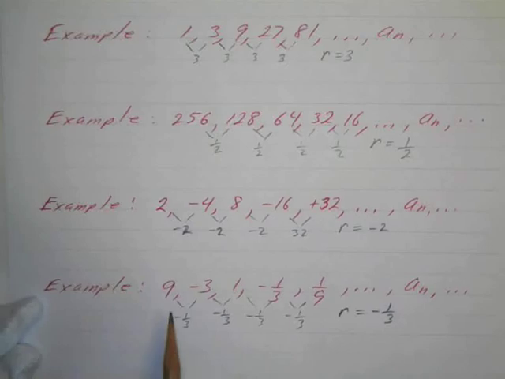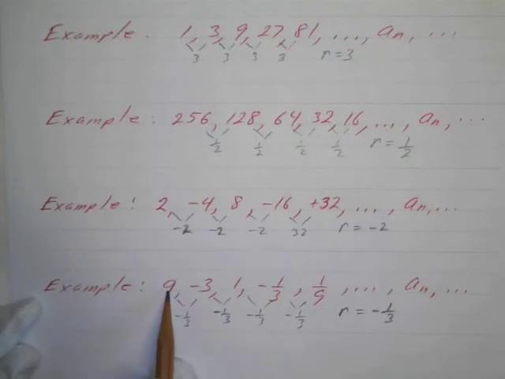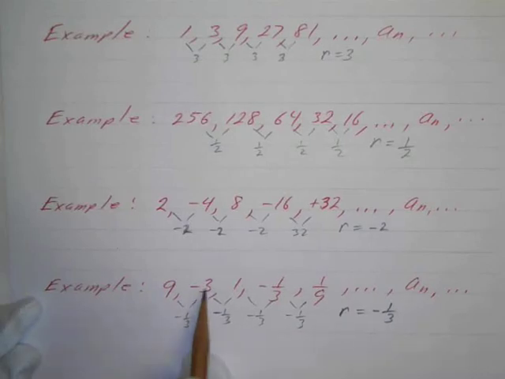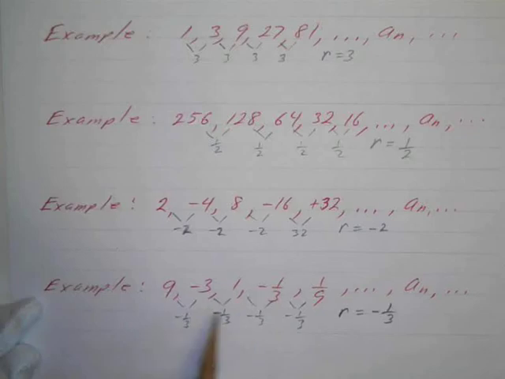I would just keep multiplying by our common ratio, so if this is my a sub 1, I multiply my a sub 1 by 1 of these to get the second term, or by 2 of these to get the third term, because a negative times a negative is a positive, and 1/3 times 1/3 is 1/9, and 1/9 of 9 is 1. So that's going to lead us to our formula for our nth term.